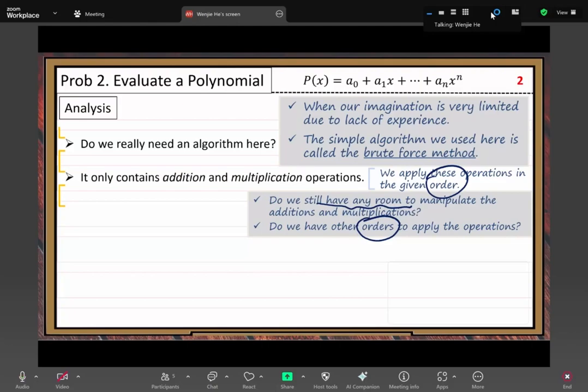Different orders may result in different solutions, and some solutions are better than others. That's another step of our understanding. So order is important. If we change the order, very likely we get a different solution.